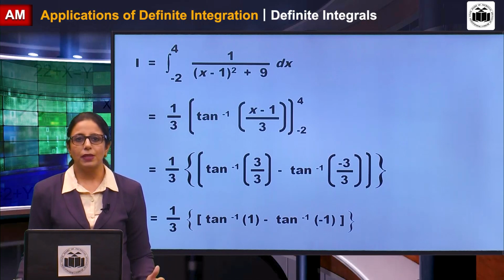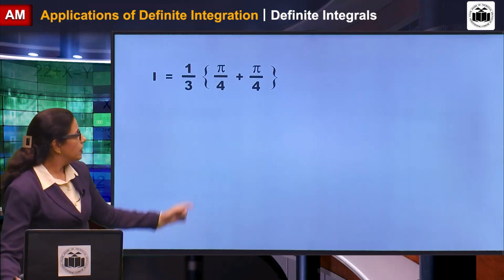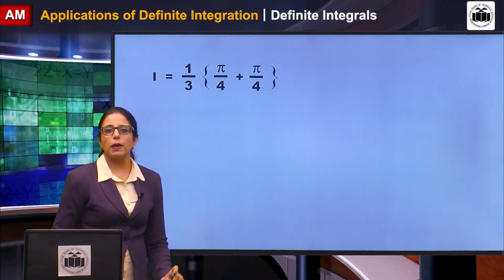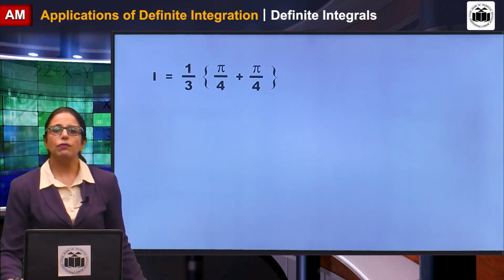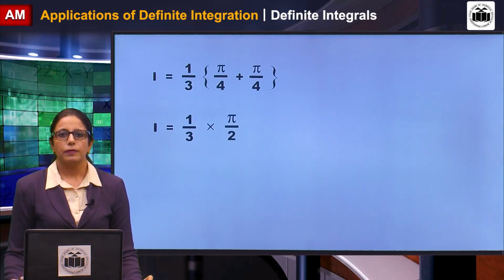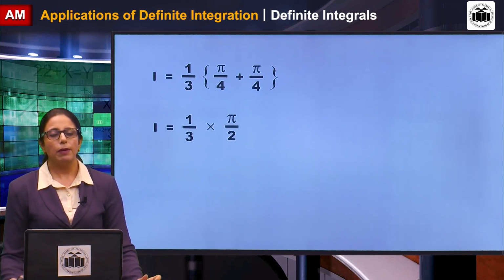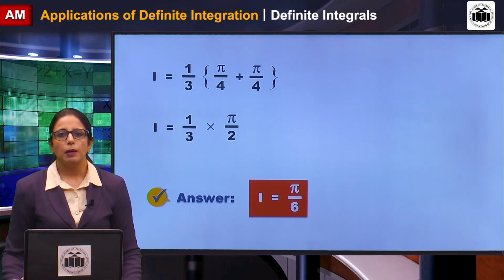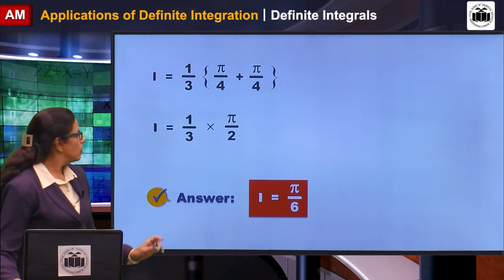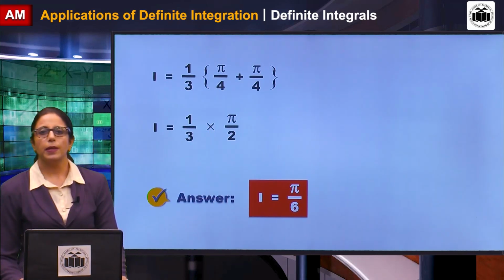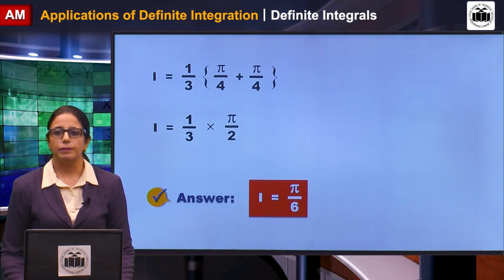Using that property here again, we will get the answer as 1 by 3 into (pi by 4 plus pi by 4), since tan inverse 1 is equal to pi by 4. Here pi by 4 plus pi by 4 has been simplified further to get pi by 2. So 1 by 3 into pi by 2, the final answer is pi by 6.